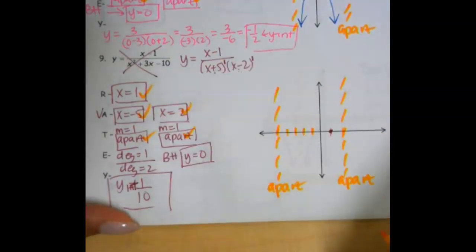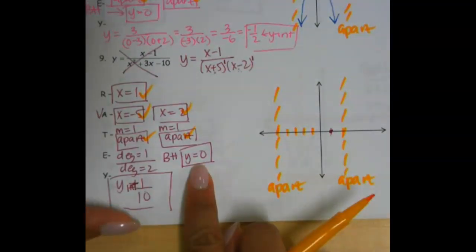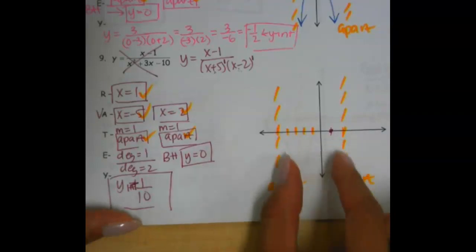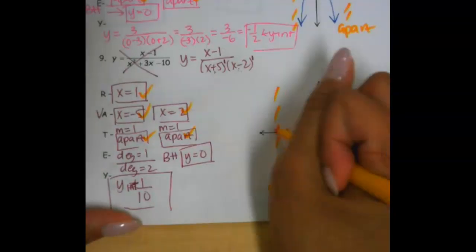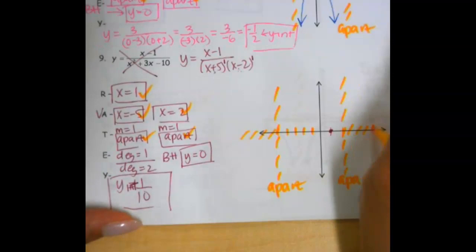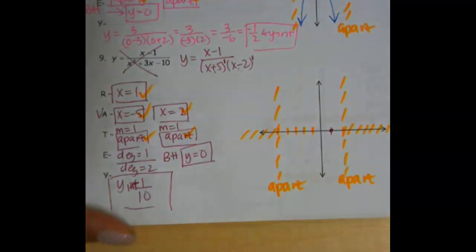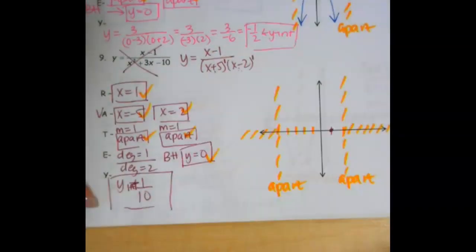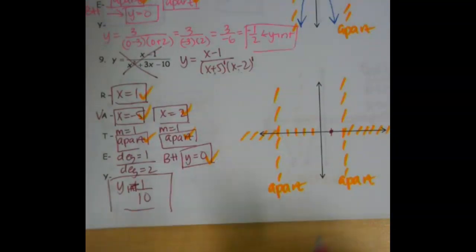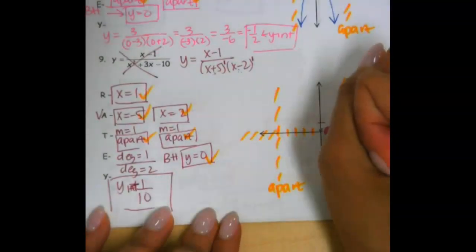Okay, I graphed that. End behavior only affects the far ends of your graph. So guys, you see what's happening in the middle? Don't graph your end behavior in the middle. Graph it on this side and this side only. Do not graph it in the middle, because that's going to restrict part of your graph if you do that. And then positive 1 over 10, here's 1. 1 over 10 will be somewhere here.